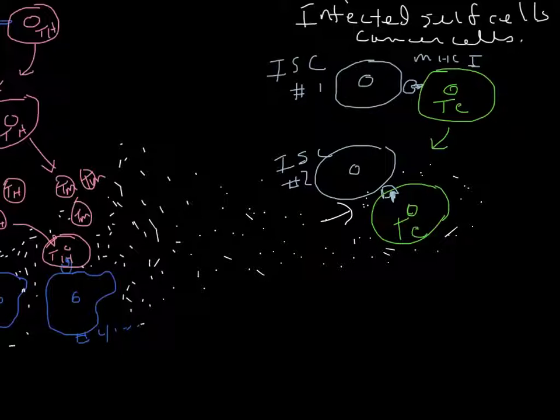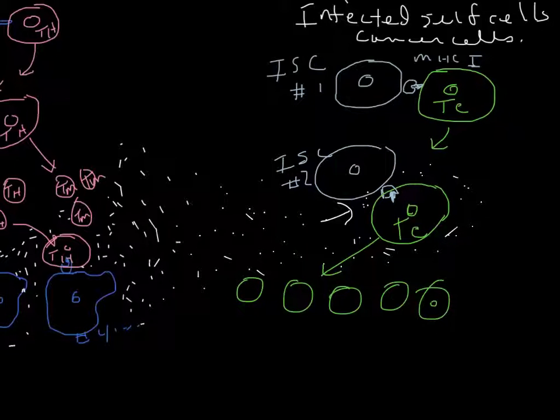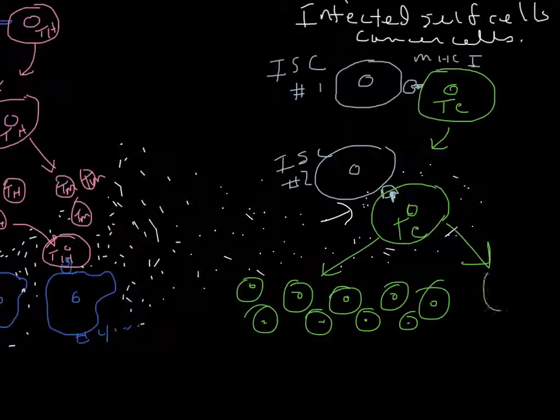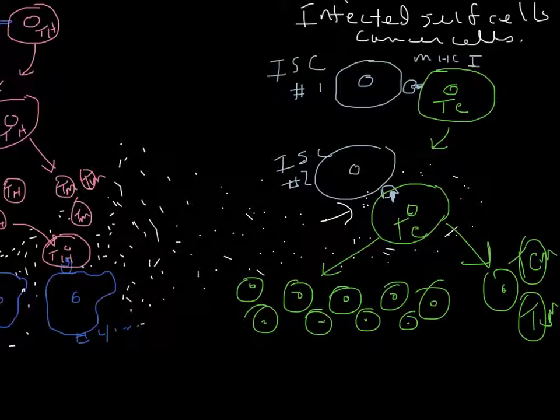So what we're going to have happen here then is a whole bunch of cytotoxic T cells are made. And don't forget the old memory T cells. These are going to be TCM, memory cytotoxic T cells.